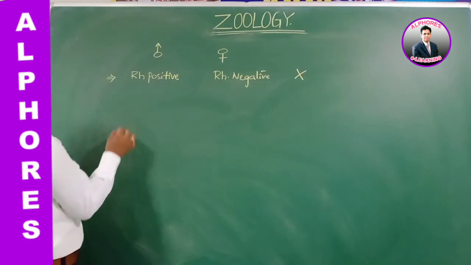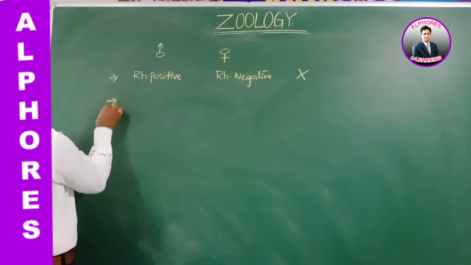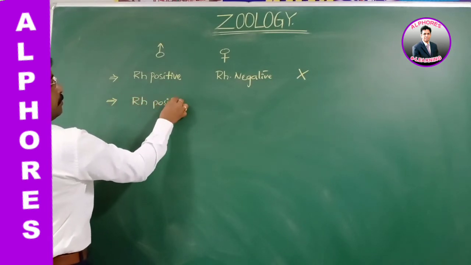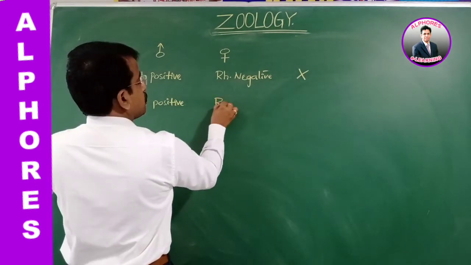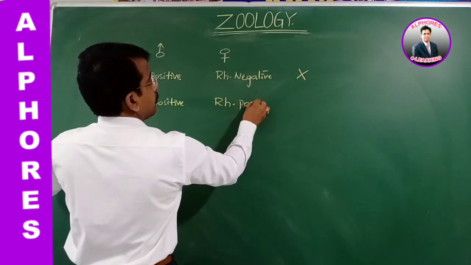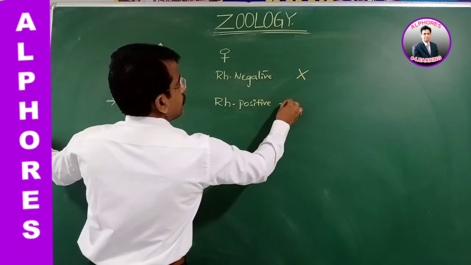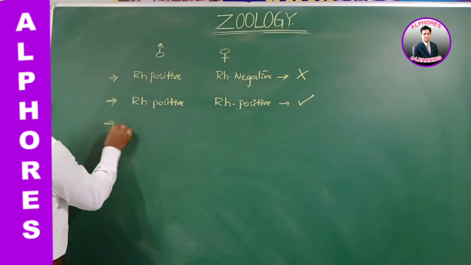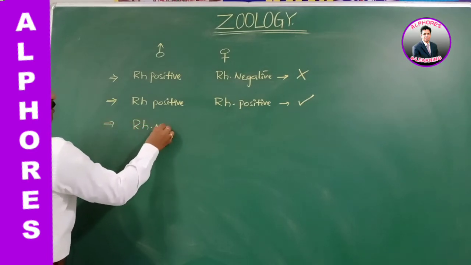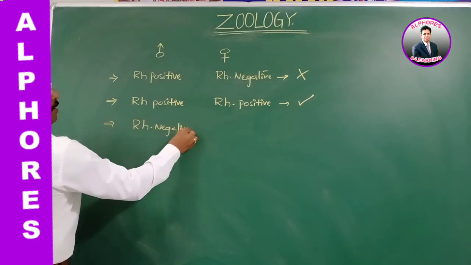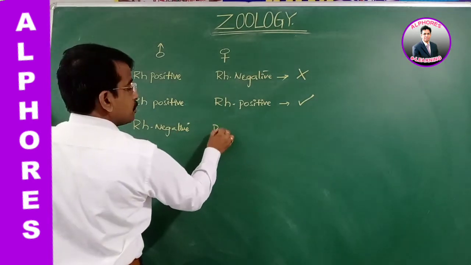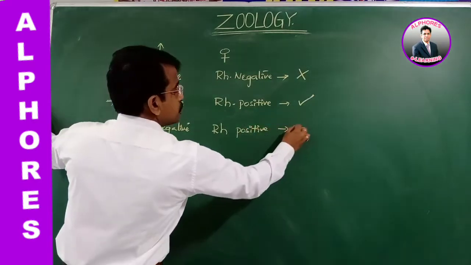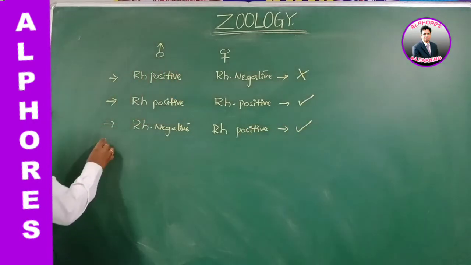Next, what is suggestible? I repeat, Rh positive male with Rh positive female is suggestible. Next, an Rh negative husband with an Rh positive wife is also suggestible.